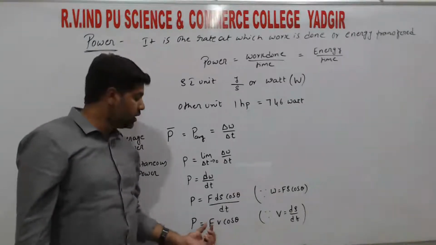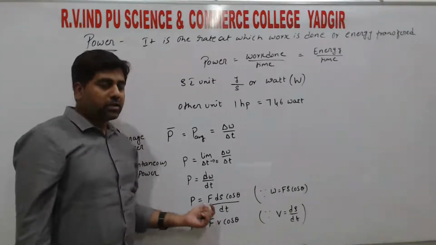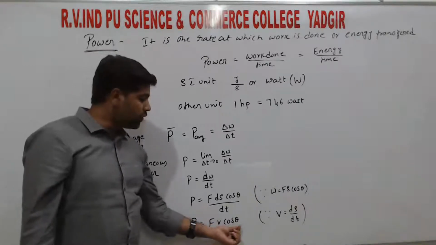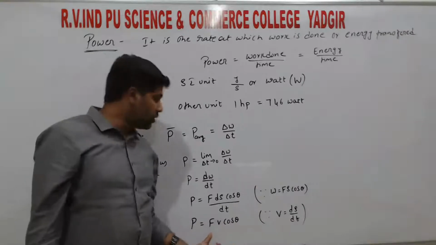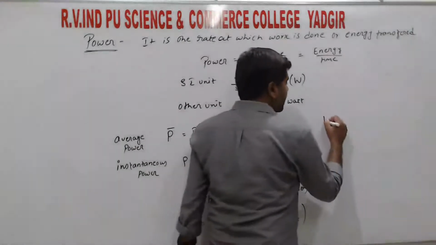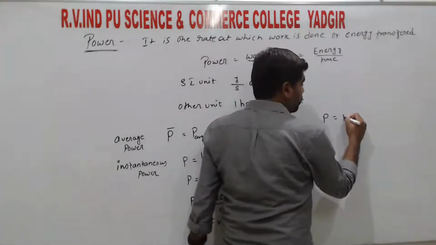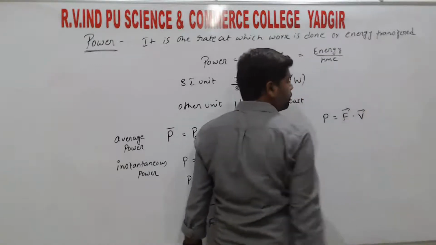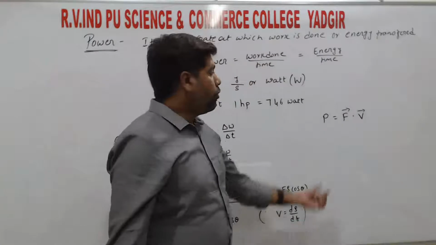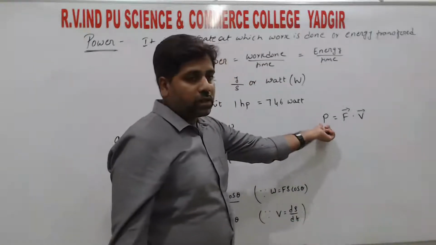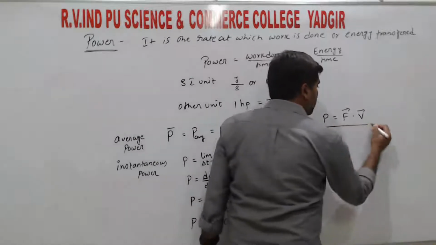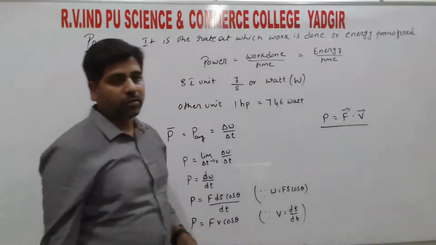The dot product of two vectors equals the magnitudes of the two vectors times the cosine of the angle between them. So power in vector form is P equals vector F dot vector v. So power is an example of the dot product or scalar product. This is the vector form representation of power.